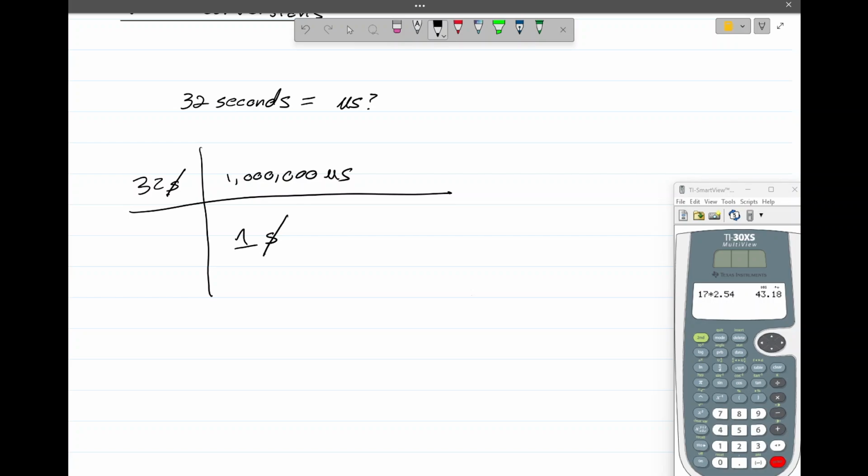So essentially what I have here is 32 times 1 million. When you do that math, it's going to end up being 32 million microseconds. Or you could write this as 32 times 10 to the 6 microseconds.